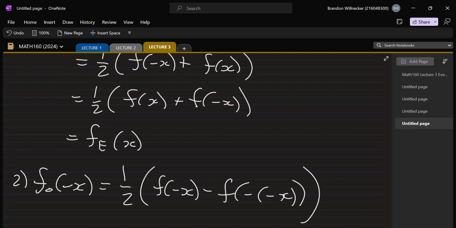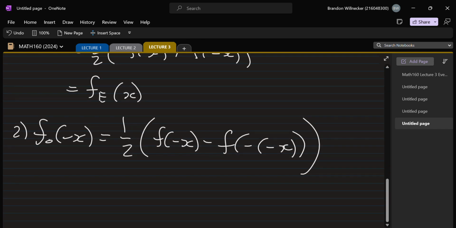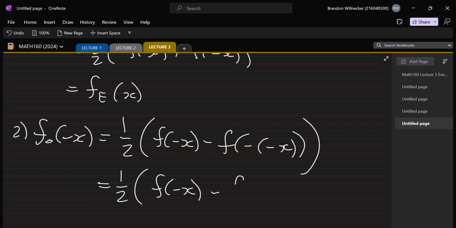Okay, so same as before, the minus and the minus, they cancel. So this is going to be 1/2 f of minus x minus f of x. Similar to what we had before, we originally had for f odd, f of x minus f of minus x. These have swapped, but that's fine.